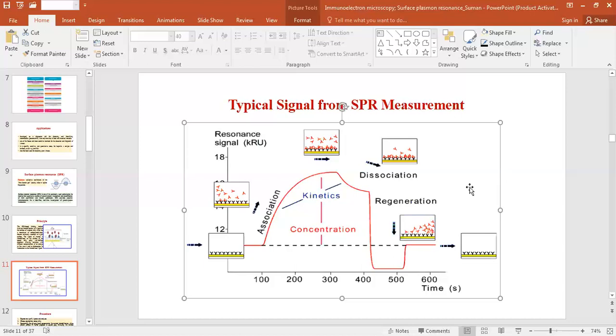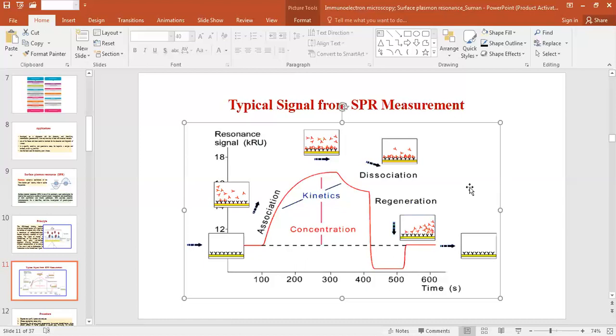Here we have observed three parameters from the sensorgram data: the kinetics, the analyte concentration, and the diffusion rate. The kinetics can also be analyzed from the sensorgram; different analytes which have the same affinity with the same ligand would have different kinetics.